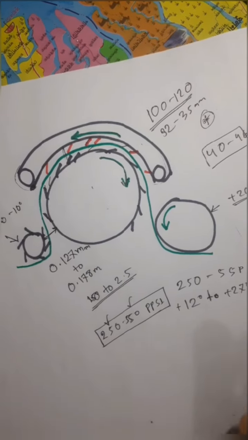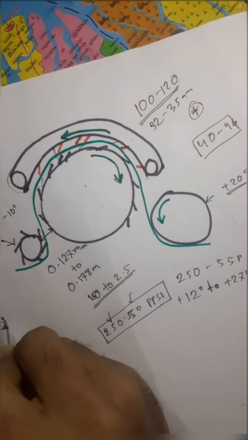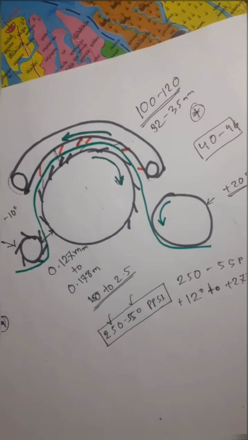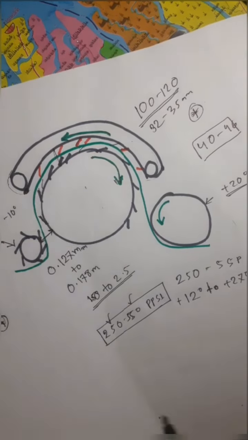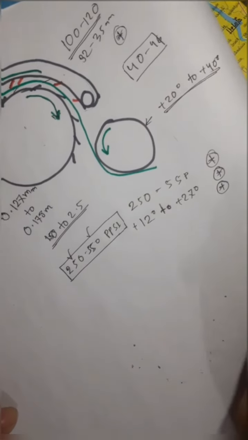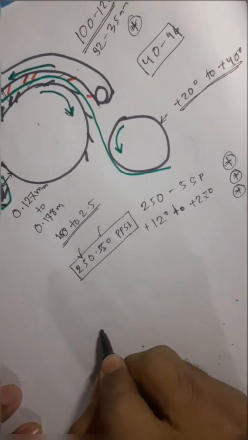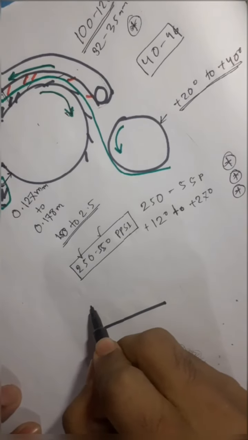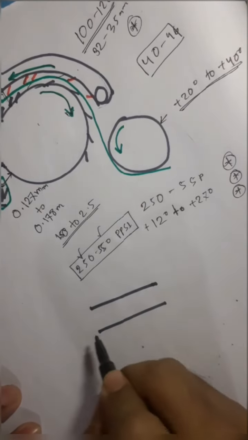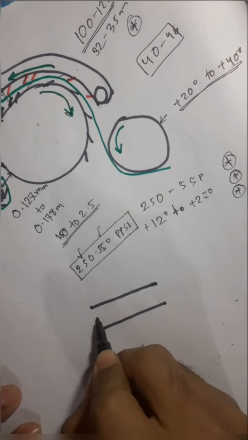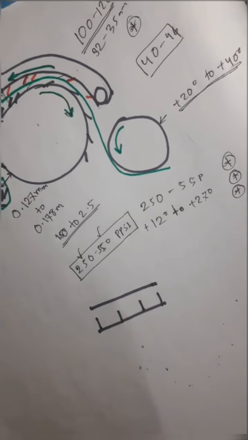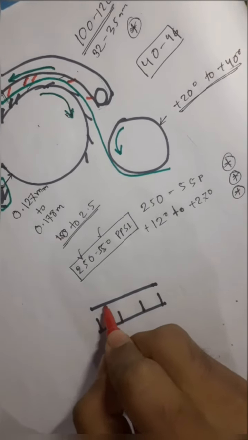So now look into how they individualize fiber. Before going to this, we should look at this picture. Suppose this is the front view of cylinder and this is the front view of flat. So the wire of cylinder is this, and the wire of flat is that.